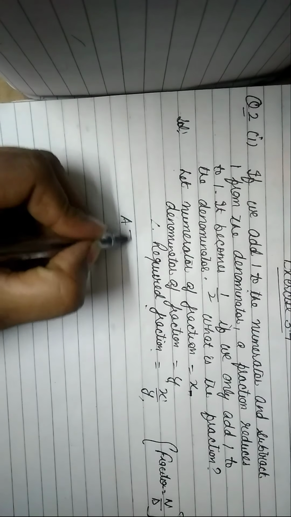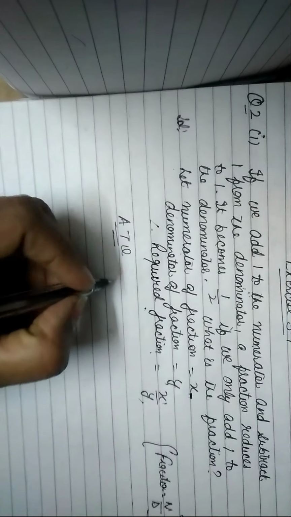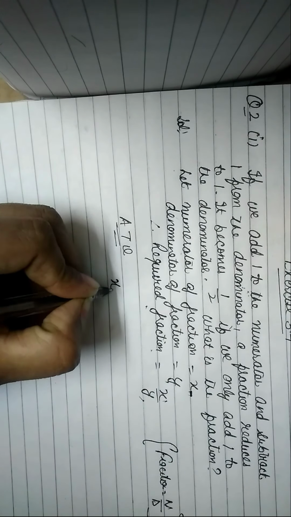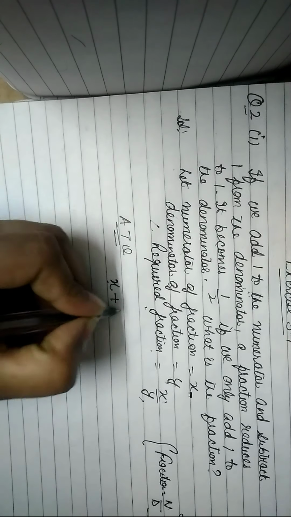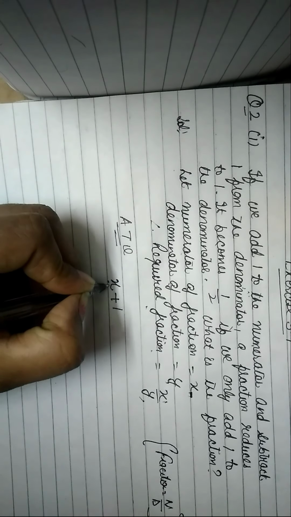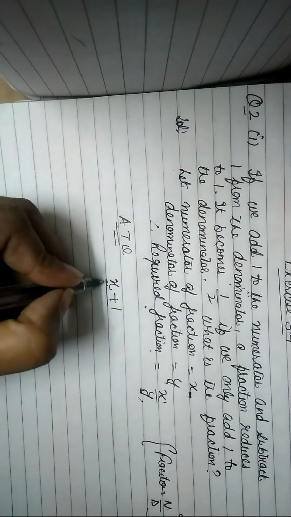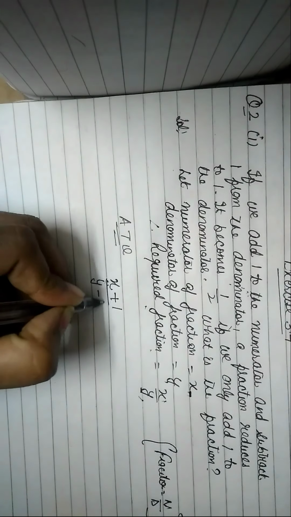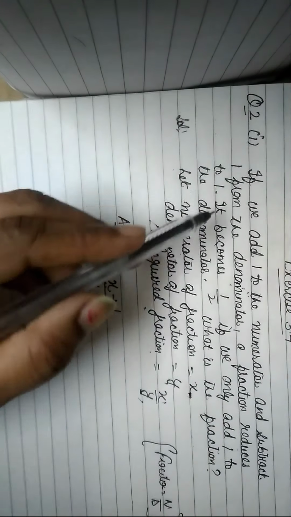Now according to the question, if we add 1 to the numerator, that is, if we add 1 to x, and subtract 1 from the denominator y, the fraction reduces to 1.